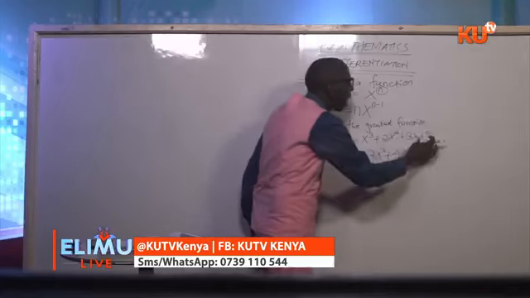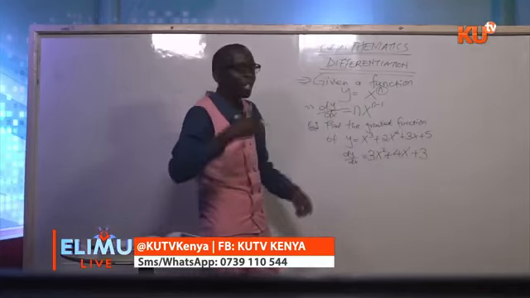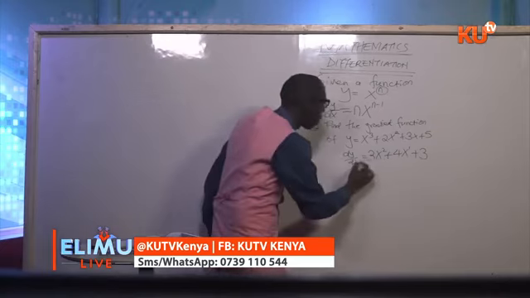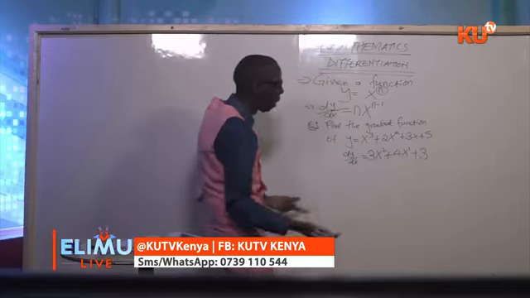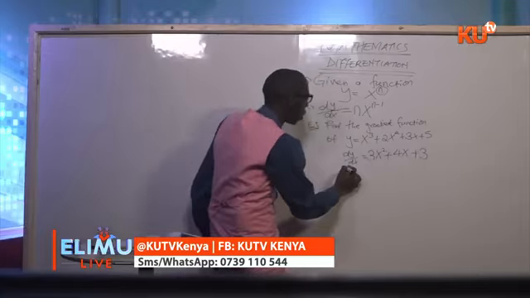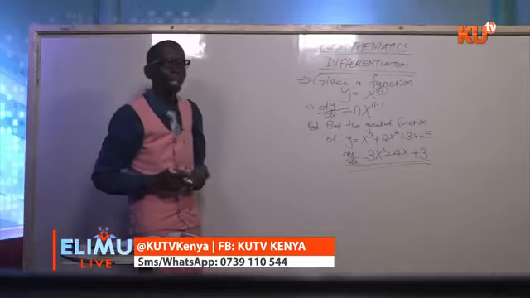The 5 that has no x ceases to exist. When the power is 1, you don't write the 1, you just write 4x. So it is 3x squared plus 4x plus 3.